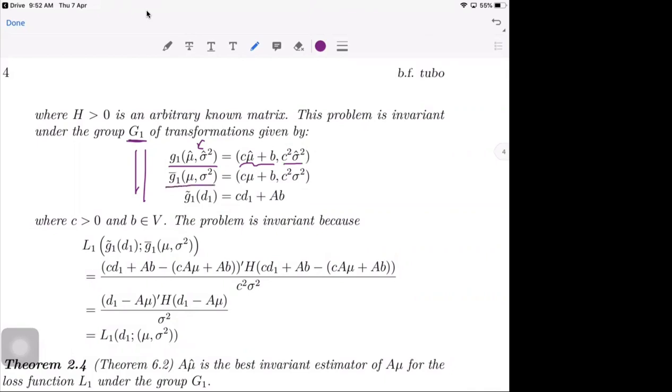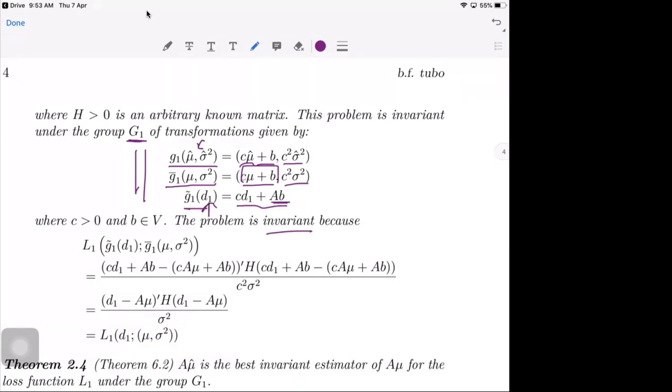The parameter is similar. So the transformation you do is to add B. And in your action space, your estimator D1 will be pre-multiplied by C, so C D1 plus AB.